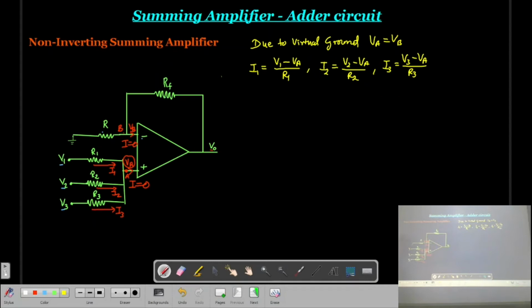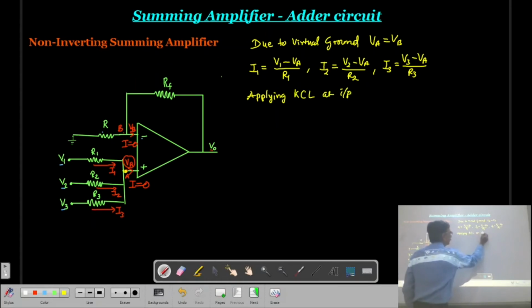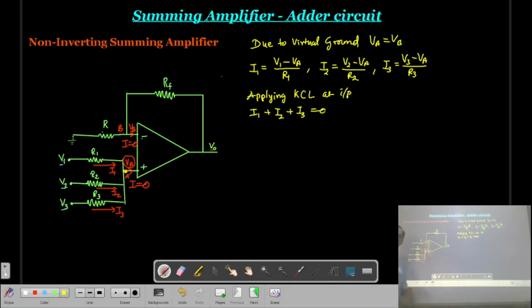Correct? Now if we apply the KCL at this point, applying KCL at the input, then we can write that the current I1 plus I2 plus I3 is equal to 0, because the current inside the operational amplifier is 0.